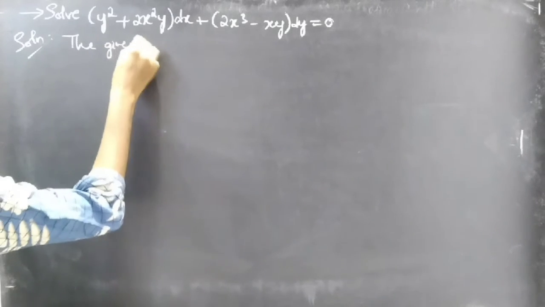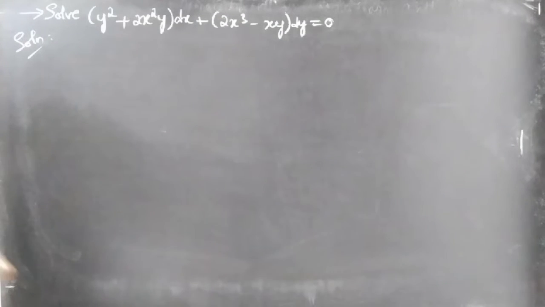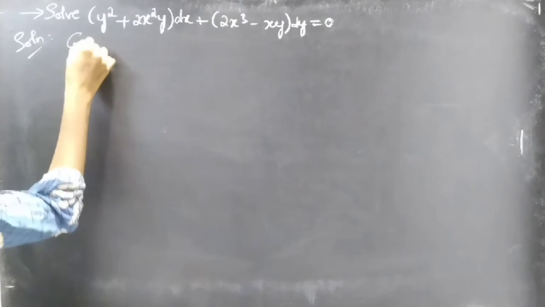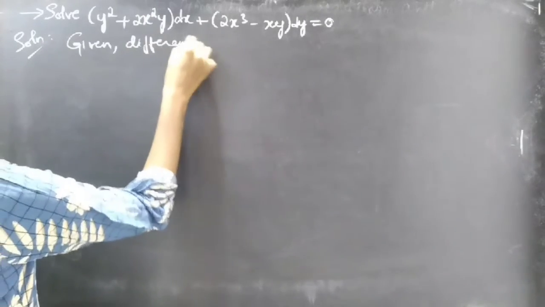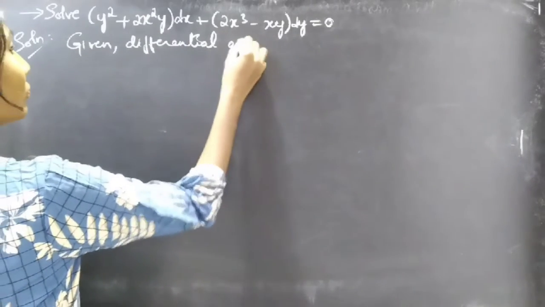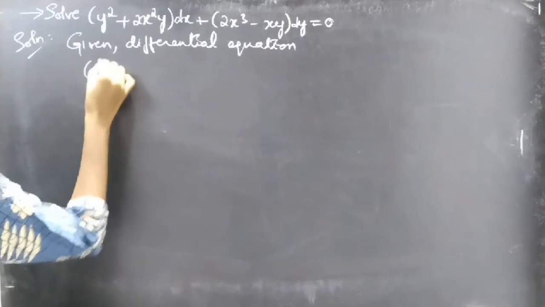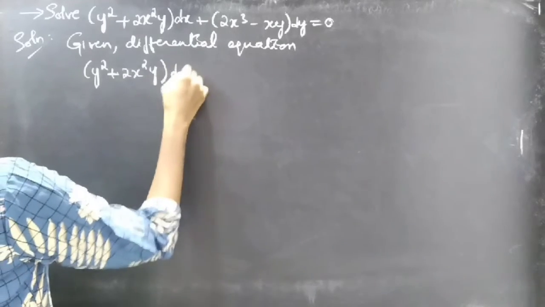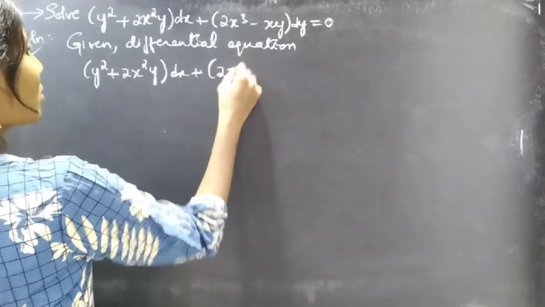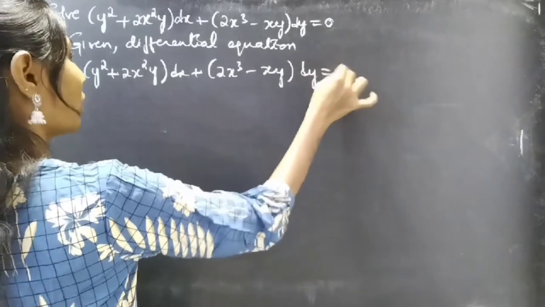The given differential equation is (y² + 2x²y) dx + (2x³ − xy) dy = 0.